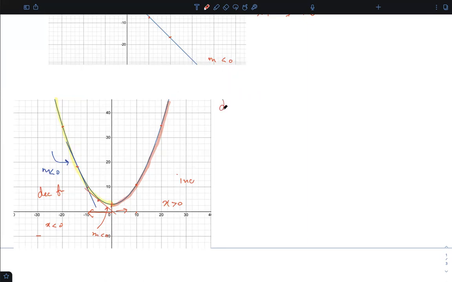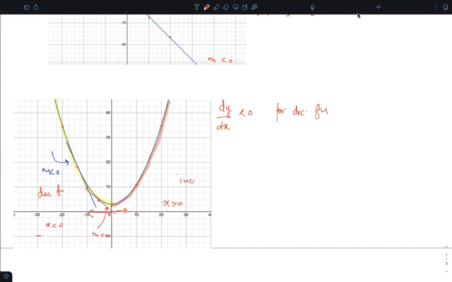And the gradient of a curve is given by dy/dx. dy/dx is negative for a function that is decreasing. For decreasing functions, the derivative dy/dx is less than 0.